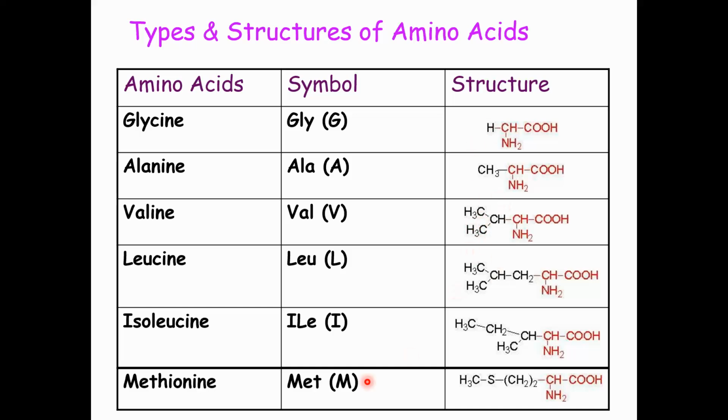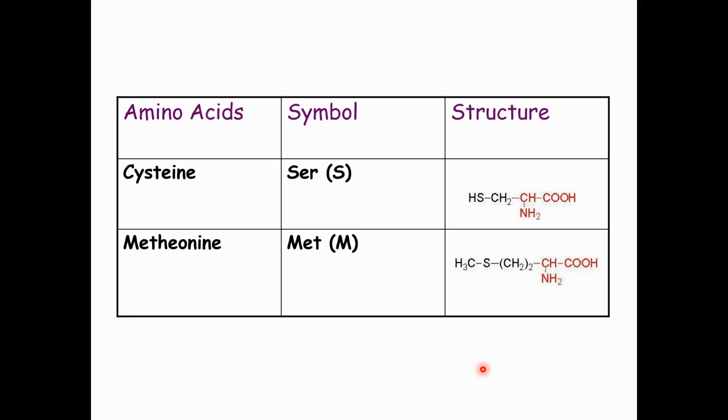As we go forward, the R chain gets more complex in other amino acids. Due to the differences in the R chain, amino acids have different physical and chemical properties. Each amino acid is unique from the others and has different properties because of its unique R chain.